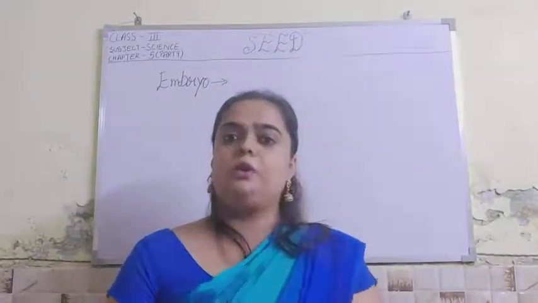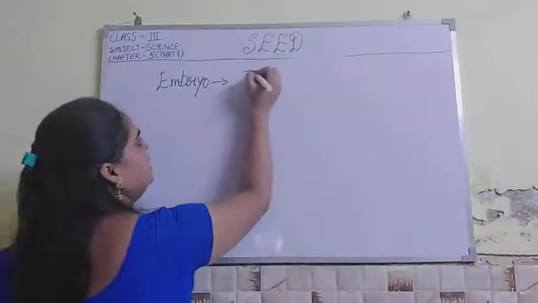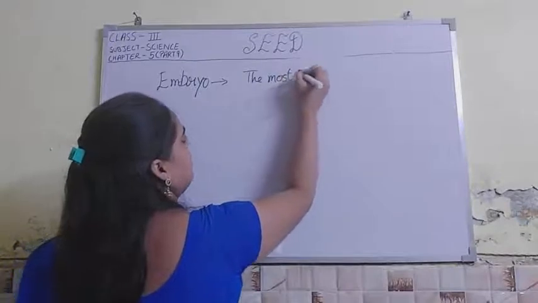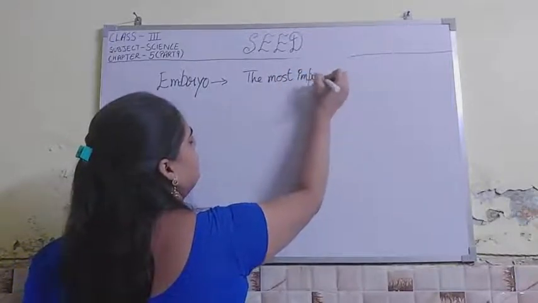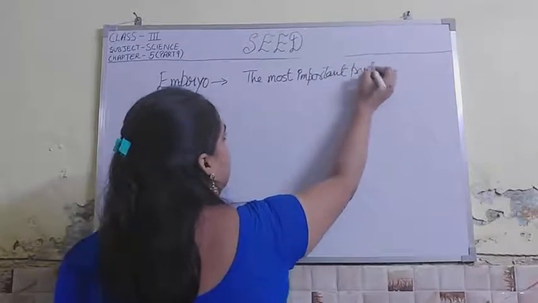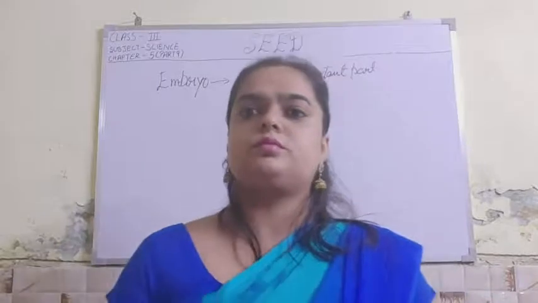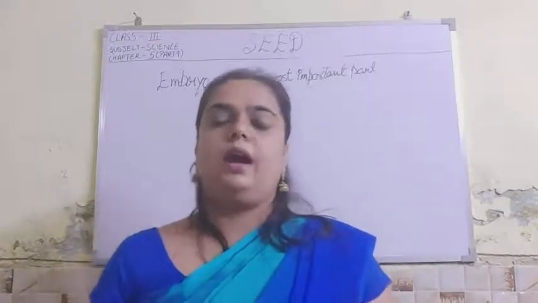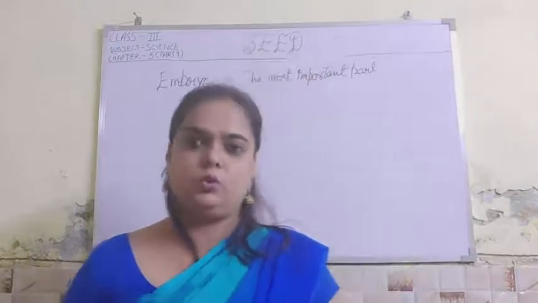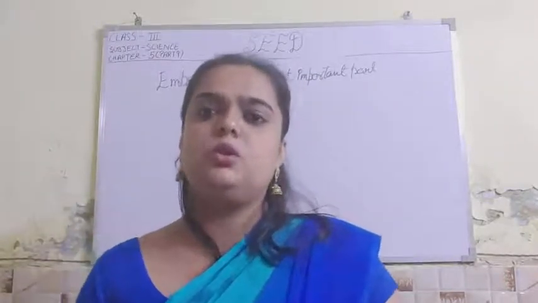Embryo is one of the most important parts of a seed. The embryo helps the plant to develop and grow. With the help of the embryo, germination takes place.